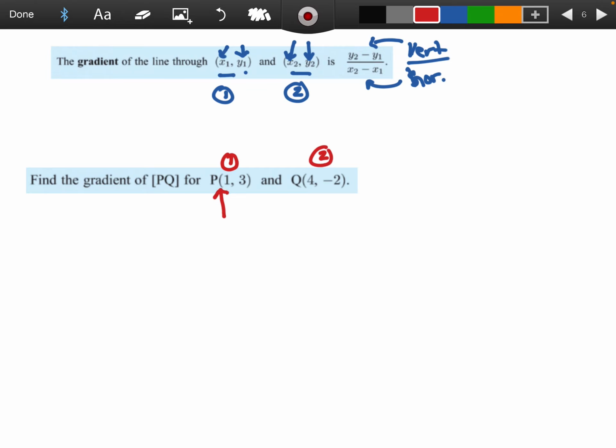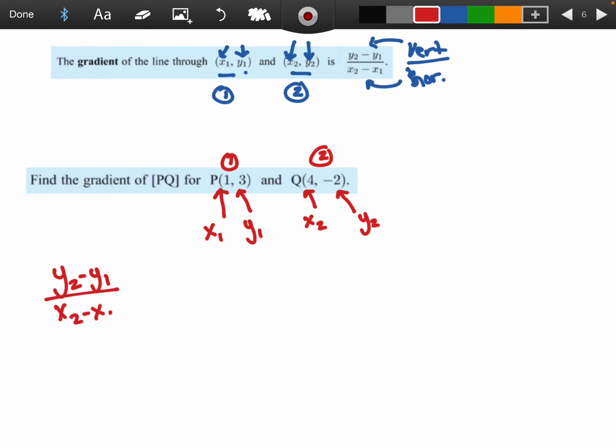So then, if this is going to be point 1, then 1 is the x coordinate of point 1, 3 is the y coordinate of point 1, 4 is the x coordinate of point 2, and -2 is the y coordinate of point 2. And then once you have that labeled, away you go with the formula.